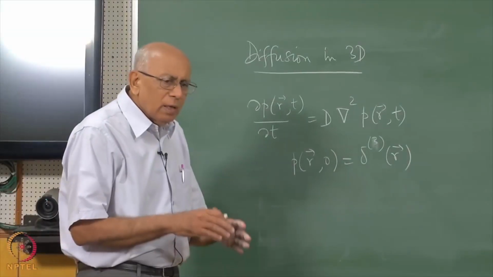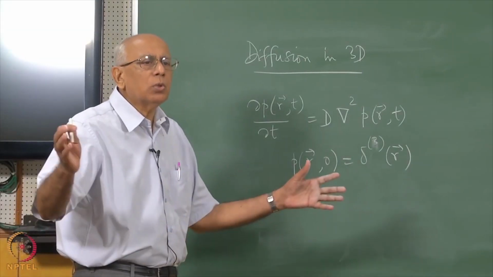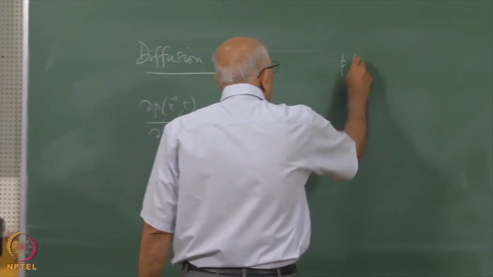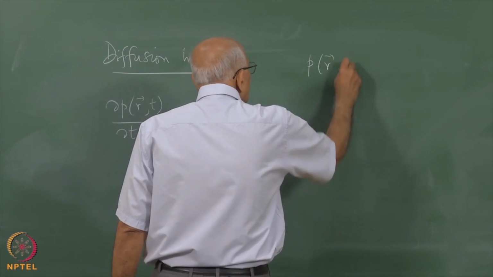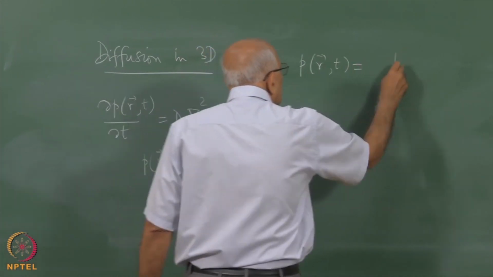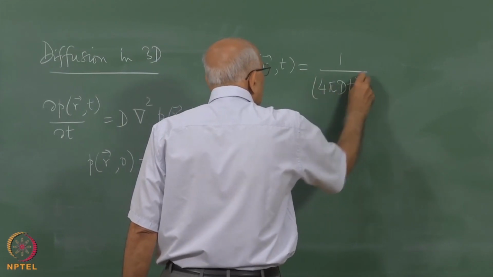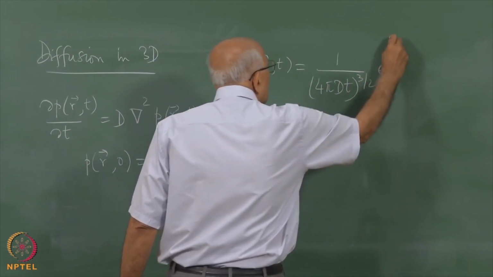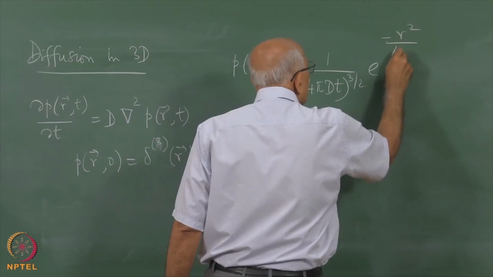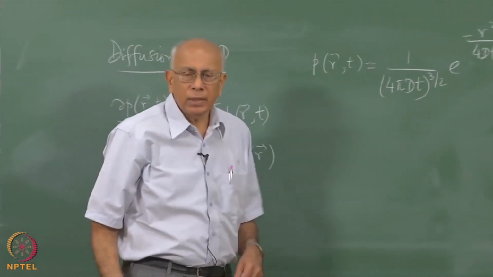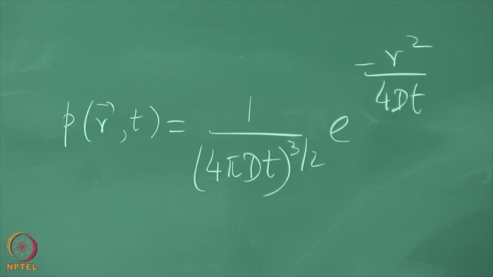So this is the standard diffusion problem in which the solution is known to us, it is a Gaussian, right. So we already know that in the absence of boundaries, P of R and T is 1 over 4 pi Dt to the power 3 halves e to the minus r squared over 4 Dt. This is the fundamental Gaussian solution in 3 dimensions to the diffusion equation.